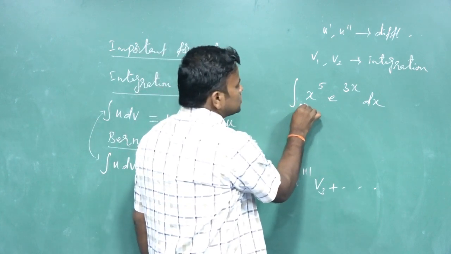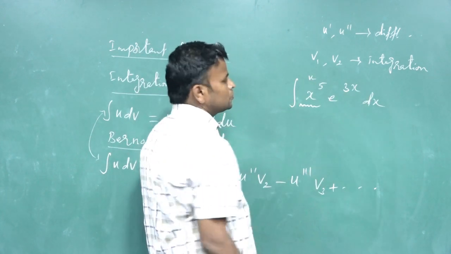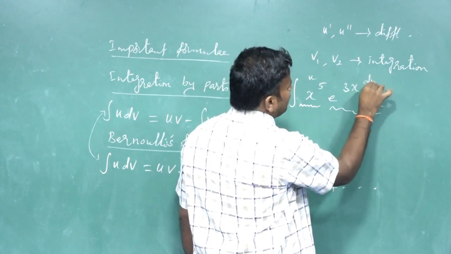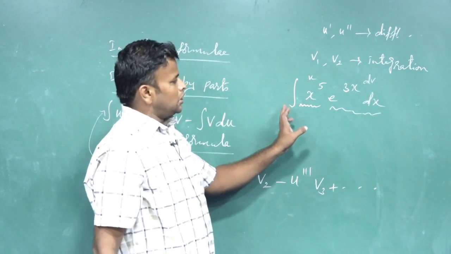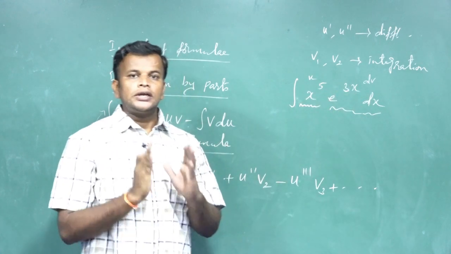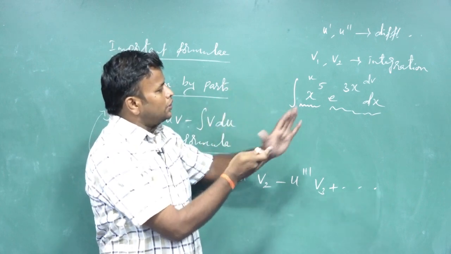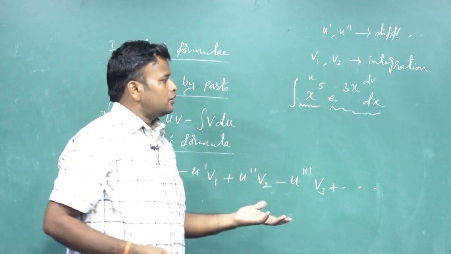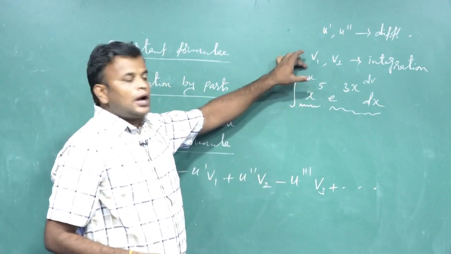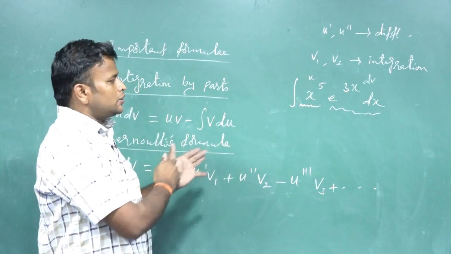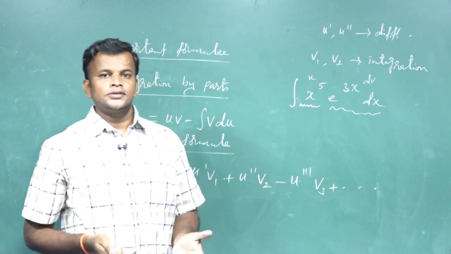You will take the first term as u and all the remaining terms as dv. Now you see exactly it is of the form integration of u dv. So the integral is of the form one is x power and another one is e power something, or one is x power and another one may be sin x or cos x. Using this formula, the answer will come easiest.